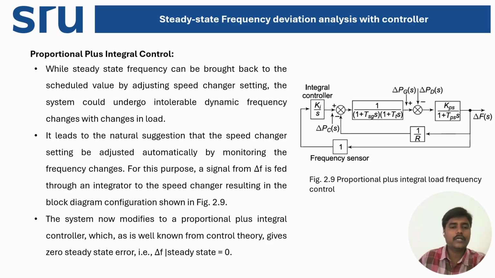The integral controller will do some corrective action in the block diagram by giving some error signal or correction signal, so that ultimately our objective is achieved: delta F is equal to 0. That can be possible only when you incorporate this integral controller in the block diagram.